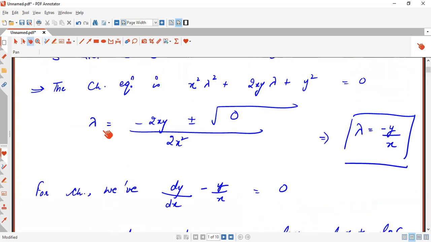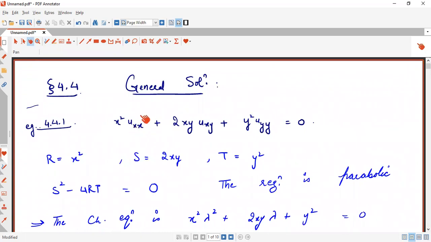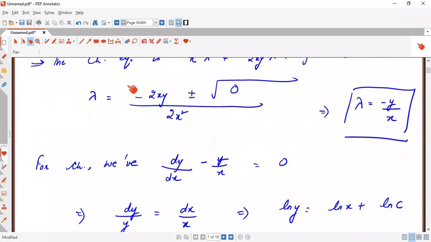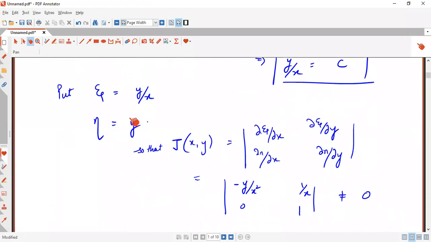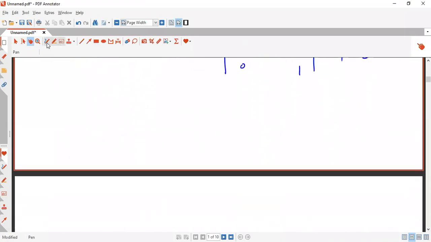Now, the same procedure. Find out uxx, uxy, and uyy. We know that u is a function of xi and eta, and xi and eta are functions of x and y. Let's find ux. Ux is del u by del xi times xi x. What is xi x here?